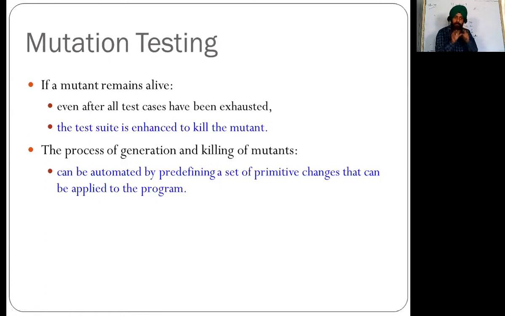What we desire is that when you test again, your test suite should find that change and show there is an error. But if it is still not giving an error, it means your test suite is not right, your test cases are not right, because your test cases should find that particular change.